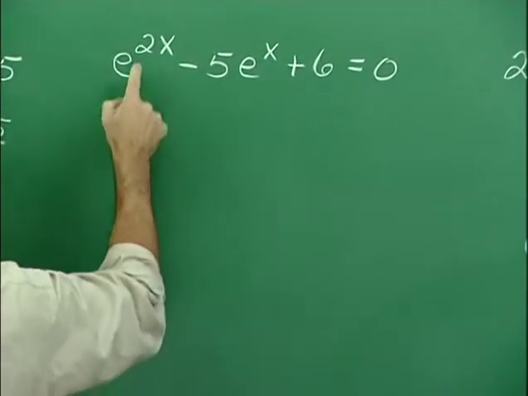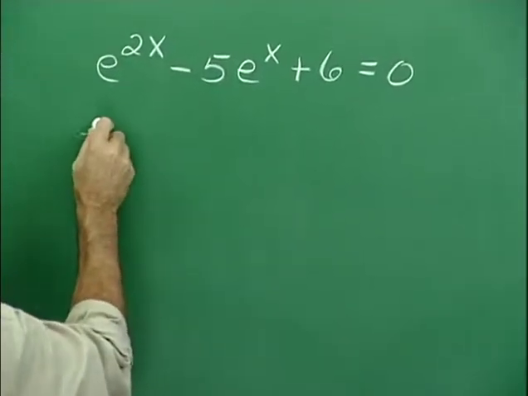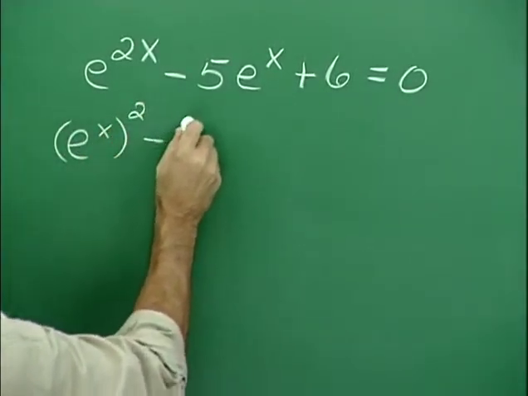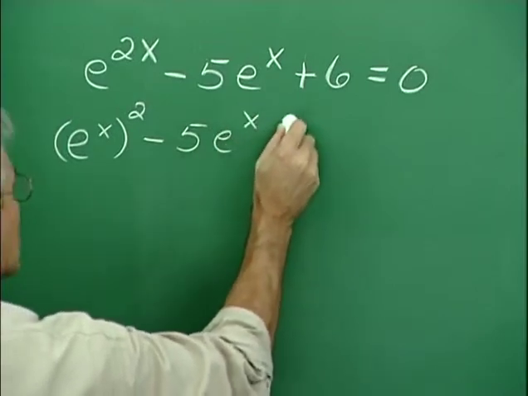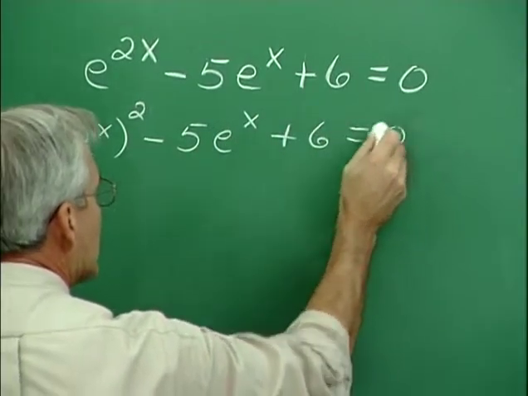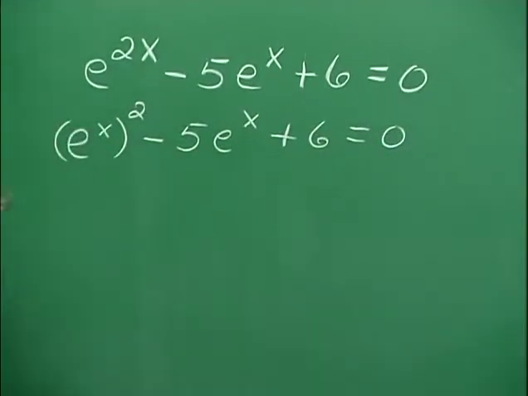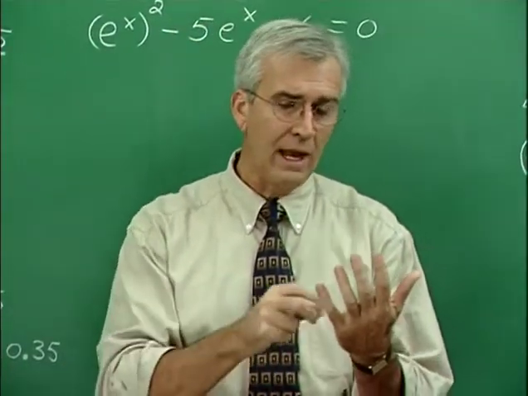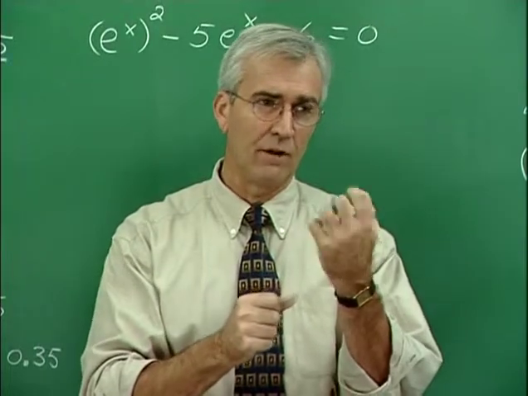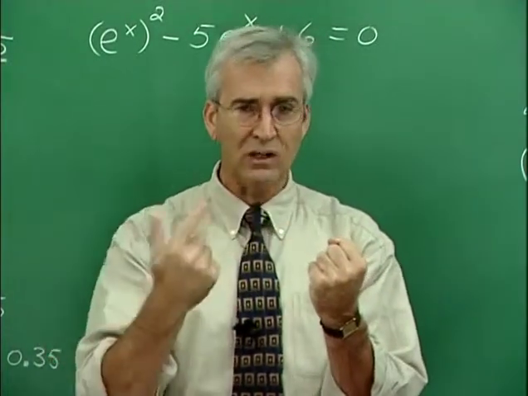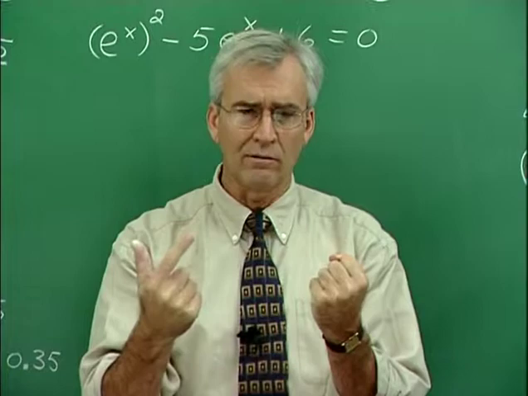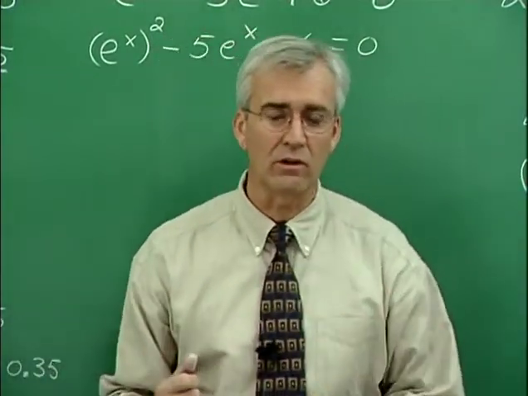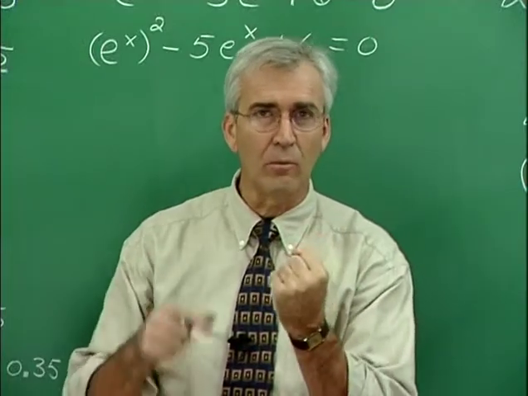We can write this, separating the exponents, as e to the x squared, then minus 5 e to the x plus 6 equals 0. Now this is quadratic form because in quadratic form we have, in our leading term, some variable to an exponent which is squared, and then in the next term, our first degree term, we have that same variable to the first degree.